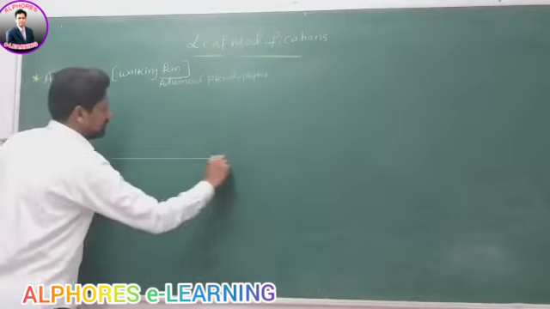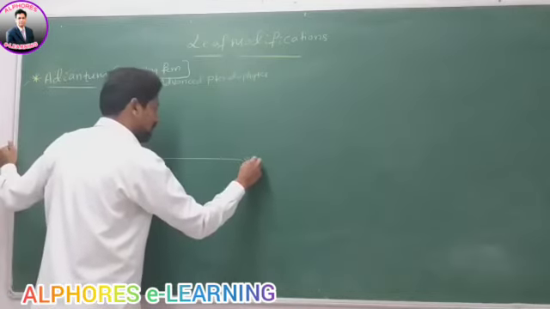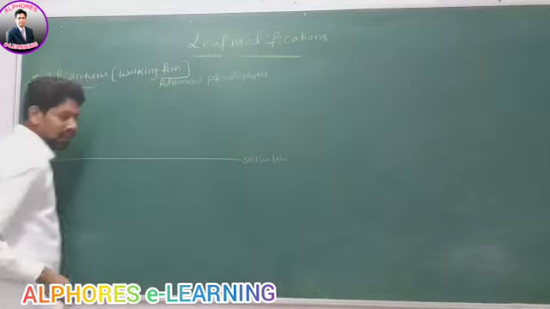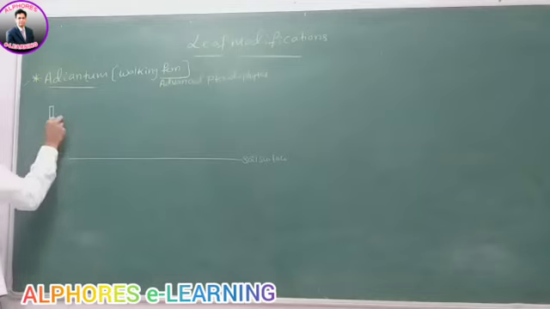For example, this is a soil surface. Now, for example, this is an Adiantum plant. On this Adiantum plant, for example, this is the leaf.